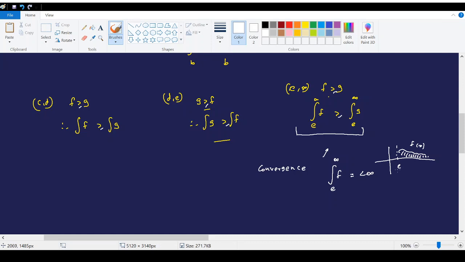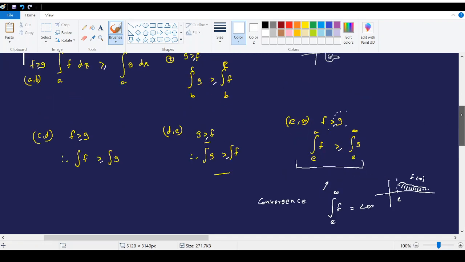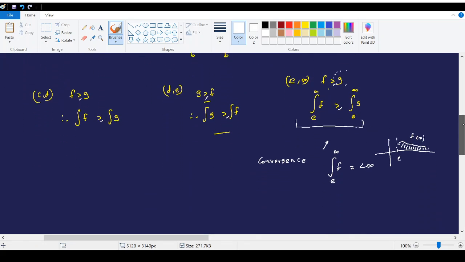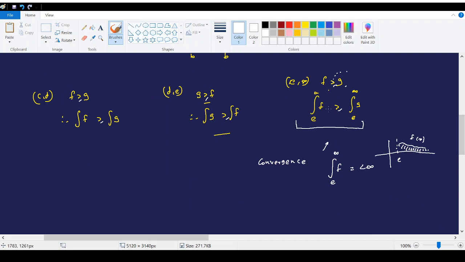And so if this larger function converges, that means if it has a finite area, what can we say about the smaller function? As we saw, these areas can be compared, and if the larger function has a finite area, then it will definitely imply that the smaller function will also have a finite area.